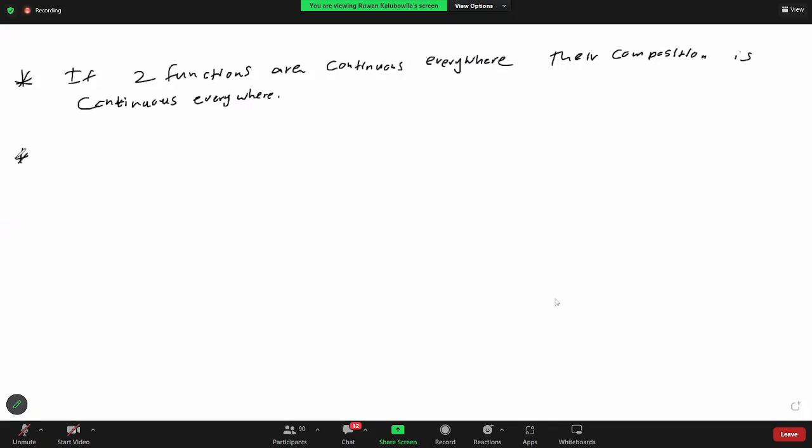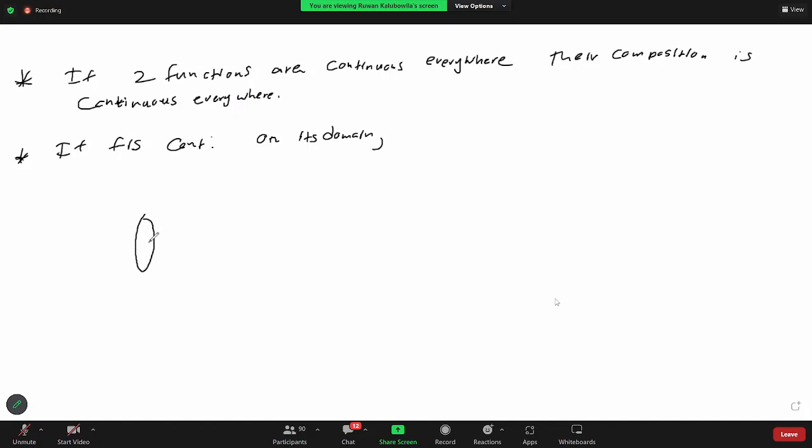And the next thing, if f is continuous on its domain, right? F is continuous on its domain. Okay, that means, what is domain?